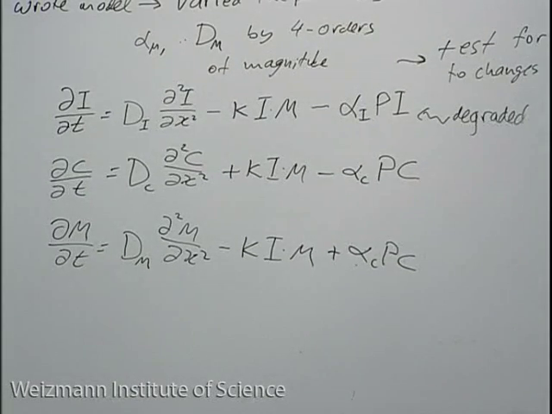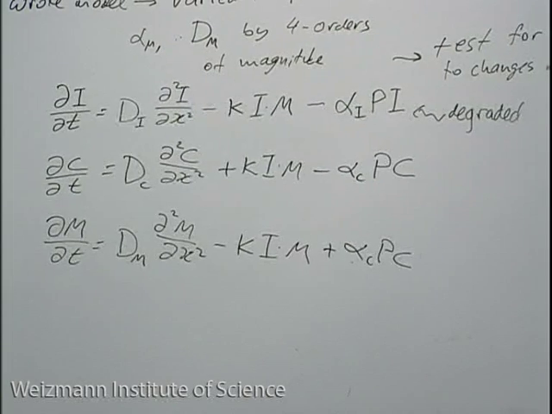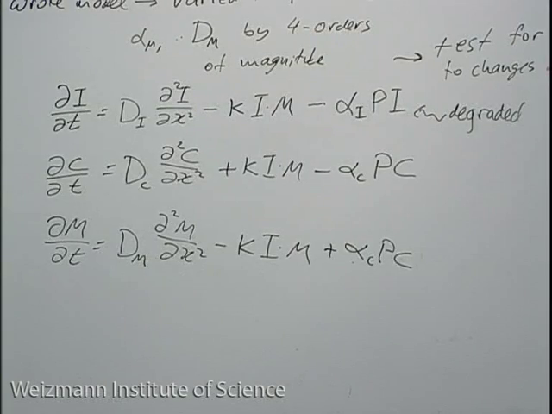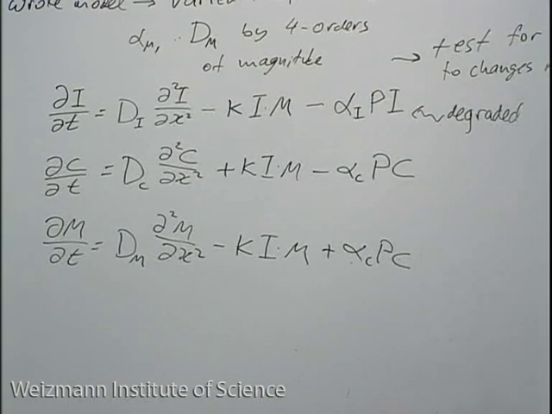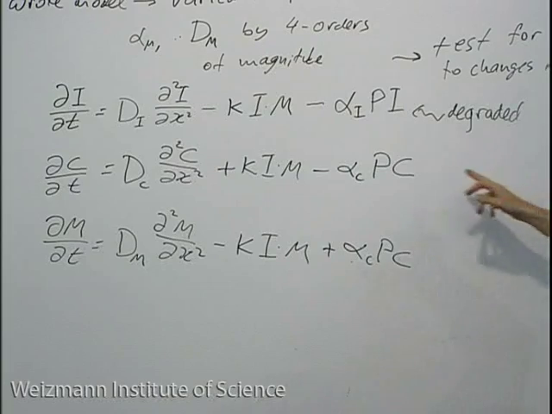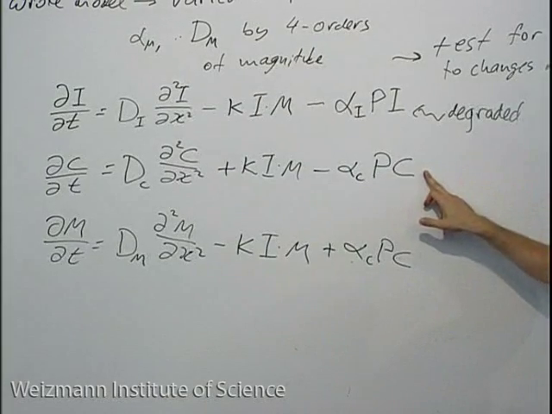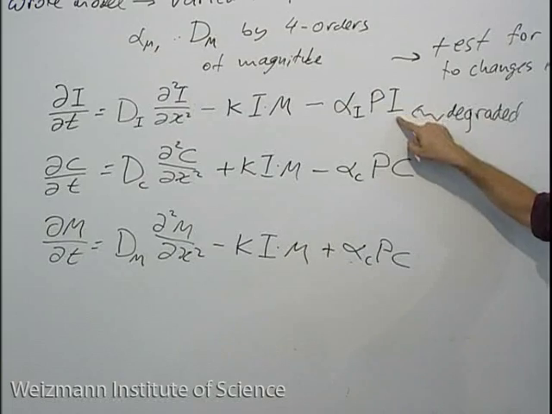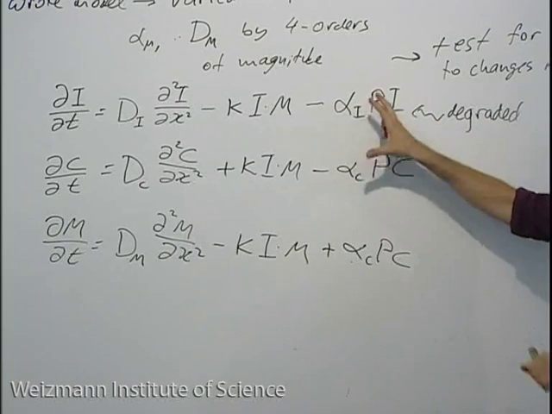It's still, I don't understand. Because when you lose a complex, you lose an I, is there a relationship between alpha I and alpha C that we haven't expressed fully? Yeah, so the question is, when you lose a complex, you lose an I. It's correct. But you can still have a different degradation rate for a free I and for an I in the complex, and they don't have to have a relationship.